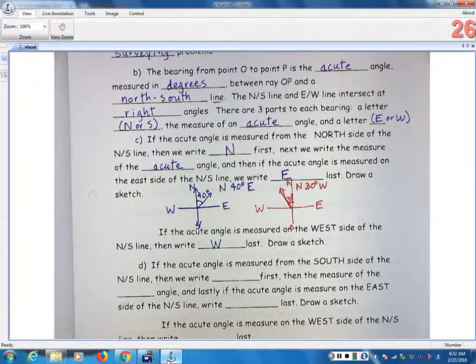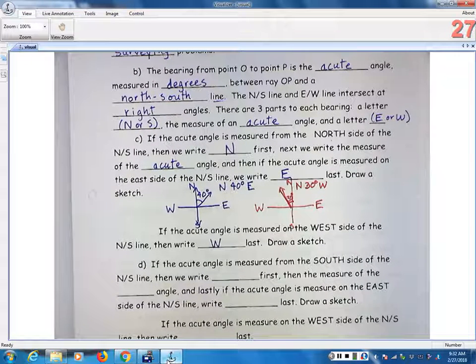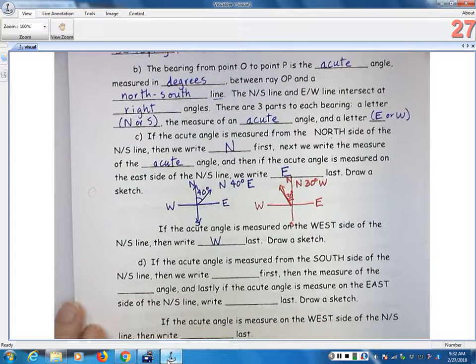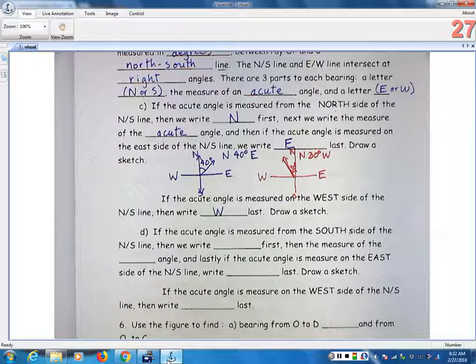Would north 45 degrees east be interchangeable with east 45 degrees north? No, we always write north or south first. Oh, gotcha. Okay. So we write north or south first, then the measure of the acute angle, and then east or west, E or W. And then we've got some more slides on this.